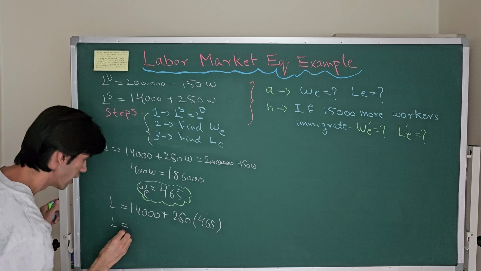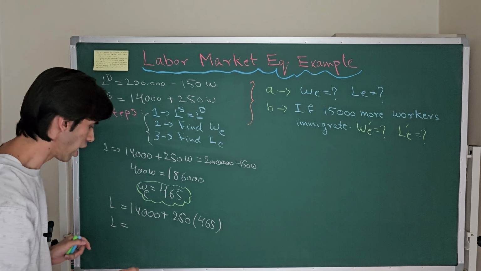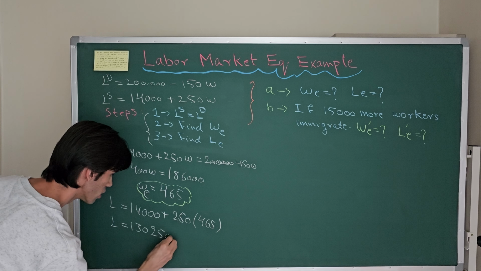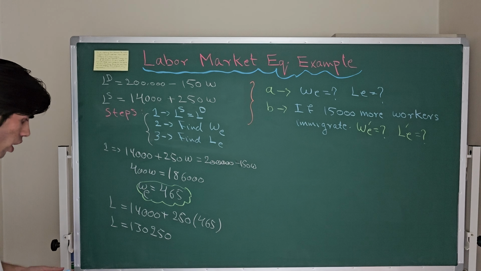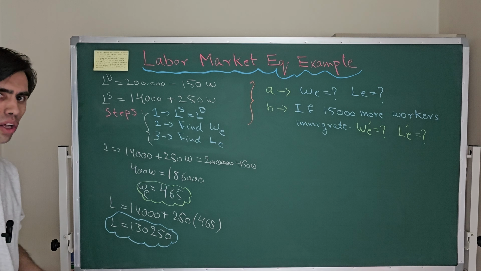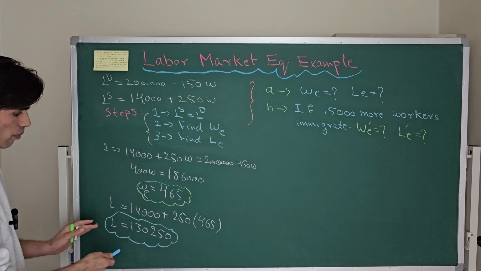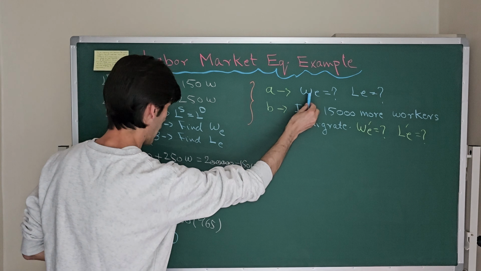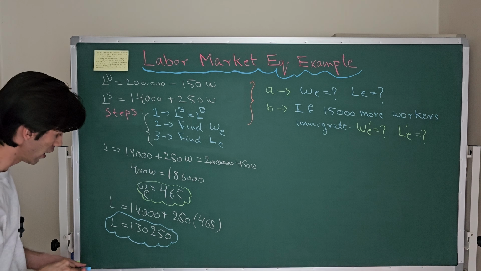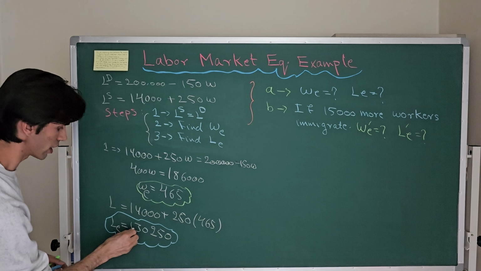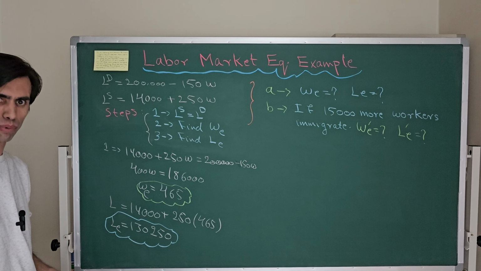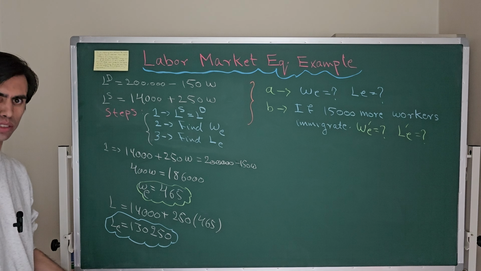Then L will equal 130,250. So this is the market equilibrium quantity of labor. In the case of A, WE is equal to 465 and LE, which is called market equilibrium quantity, is 130,250. That many employees will be hired and supplied in this labor market.